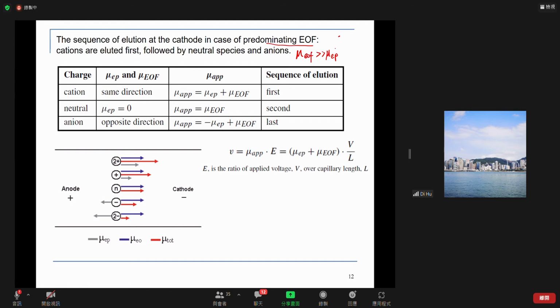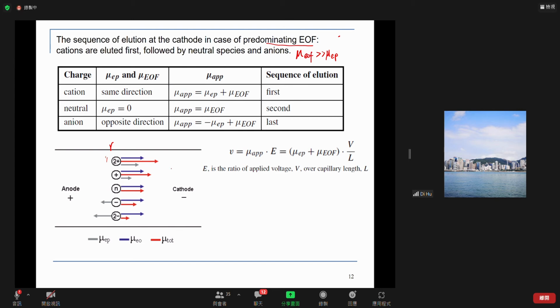Look at it this way: 2 plus, 1 plus, neutral, 1 minus, and 2 minus, assuming the same size, the same radius, so the charge-to-radius ratio is largest for the 2 plus.